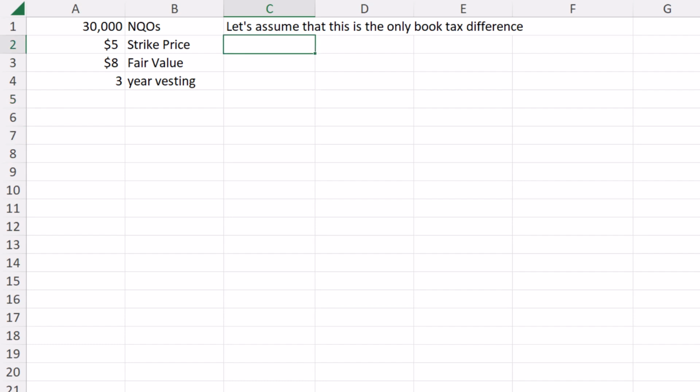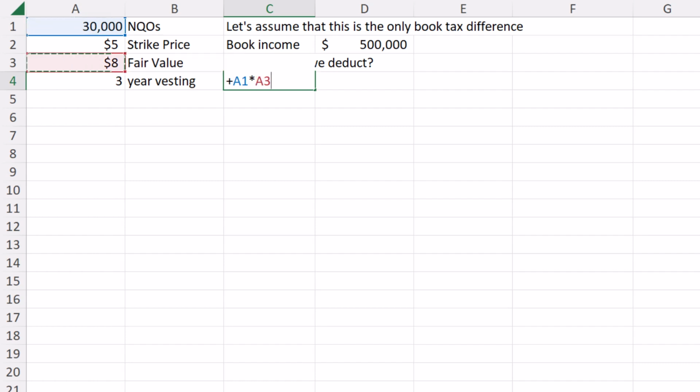So we're going to say that the book income for all of these years is going to be $500,000. So the next question is, how much are we going to deduct? Well, we know that there is going to be 30,000 NQOs, and we know that the fair market value is $8.